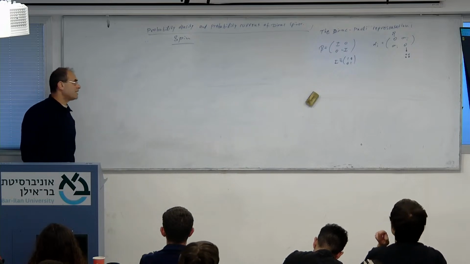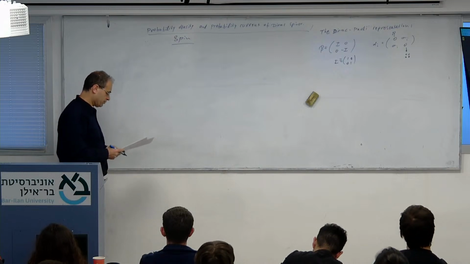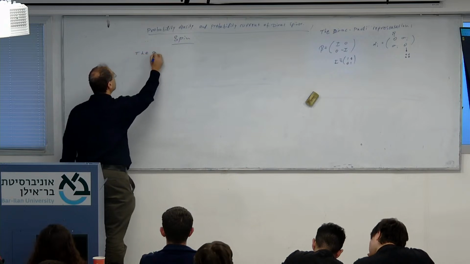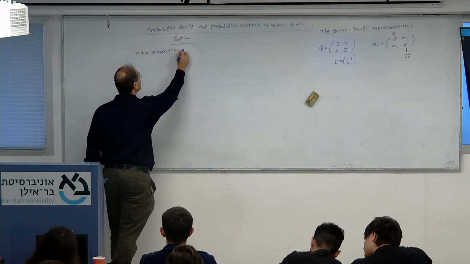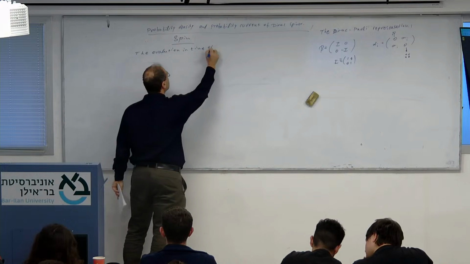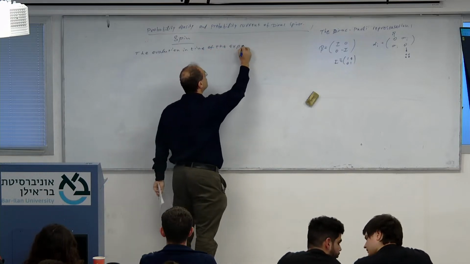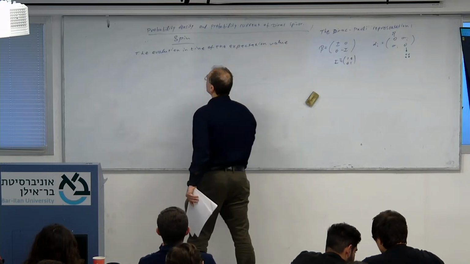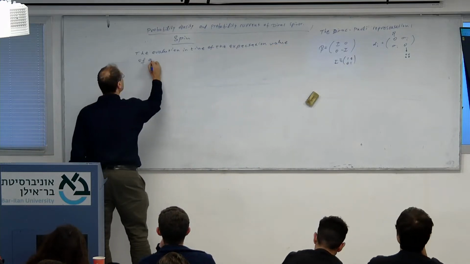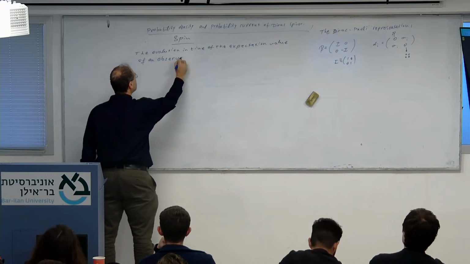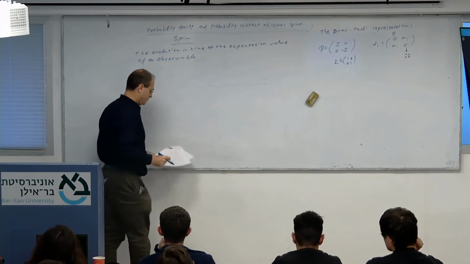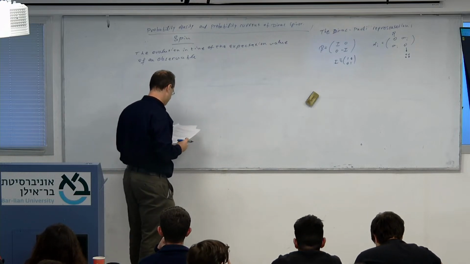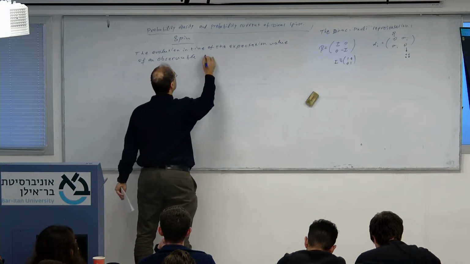Okay, how am I going to do that? What is the evolution in time of the expectation value of an observable described by a corresponding operator?